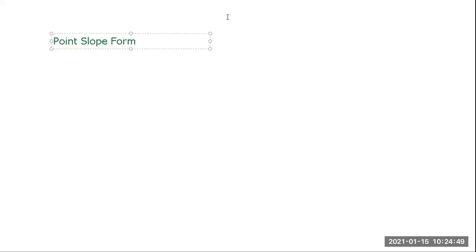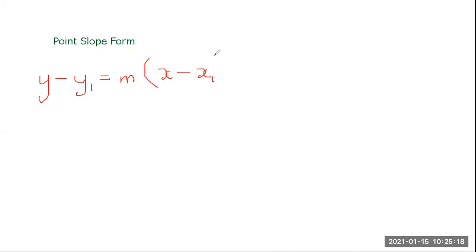The first one we're going to look at is the point slope form, okay? I'm going to do this by doing some examples. So for example, if I say the slope, which is m, is equal to 2, right? Actually, no, let's reverse a little bit. When we talk about the point slope form, we talk about y minus y1 is equal to m times x minus x1.